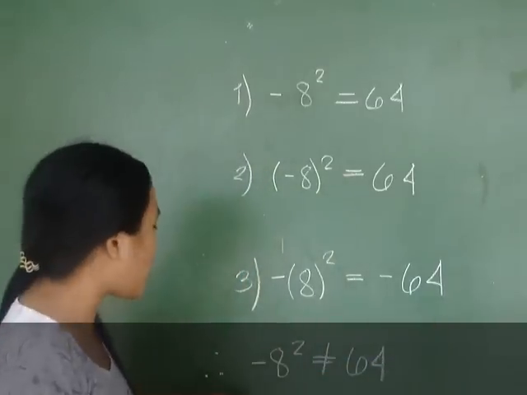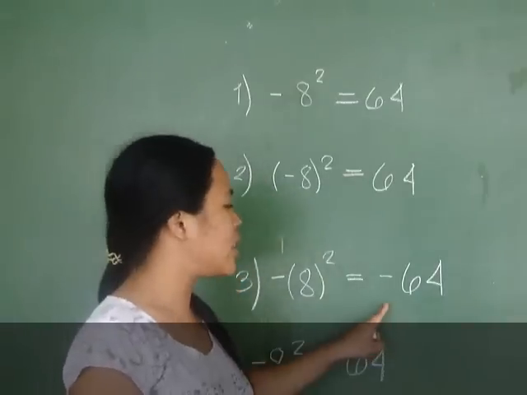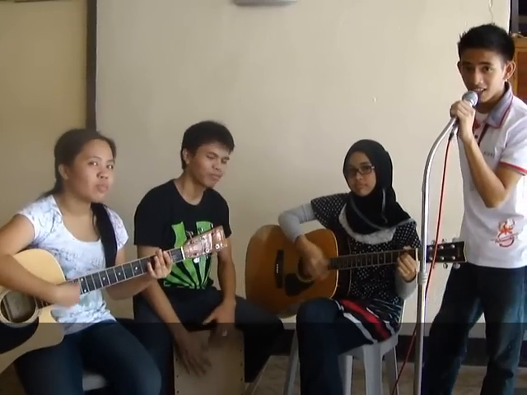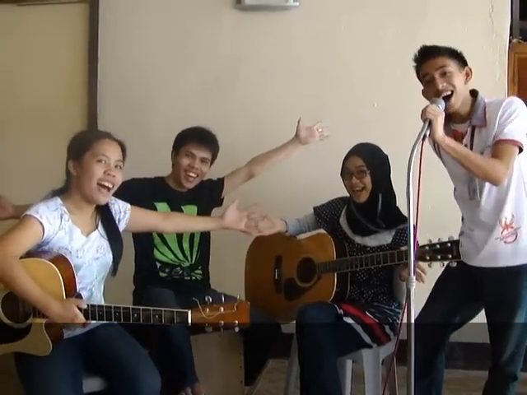So in conclusion, negative 8 squared is not equal to 64 but equal to negative 64. Thank you. They showed us what to do to avoid the misconceptions.